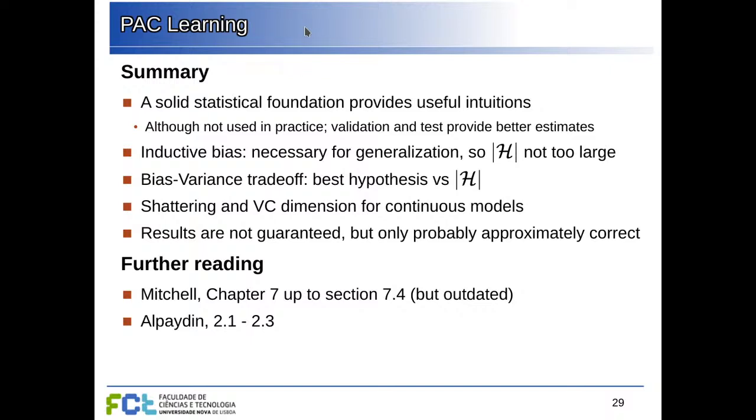We saw this idea of shattering and the VC dimension when we apply the same concepts to continuous models, but the basic idea is the same. And an important aspect of probably approximately correct learning is that you don't have guarantees. What you have is a large probability of having a small error if everything goes well.